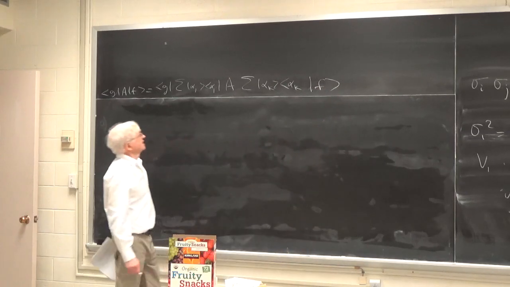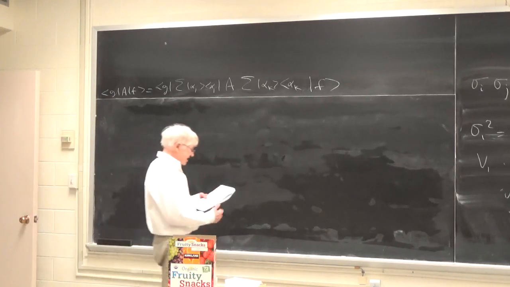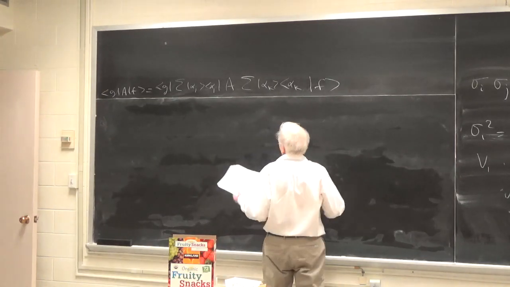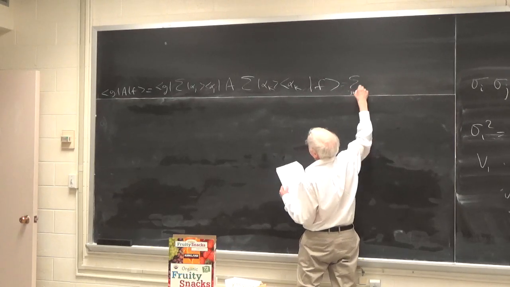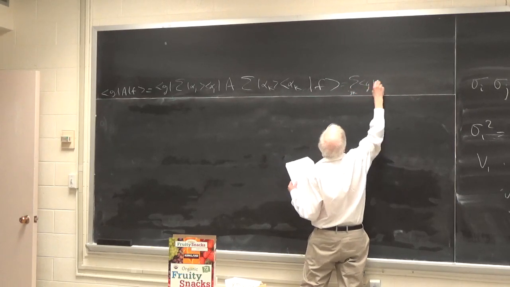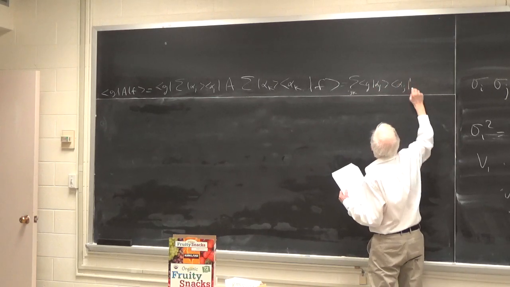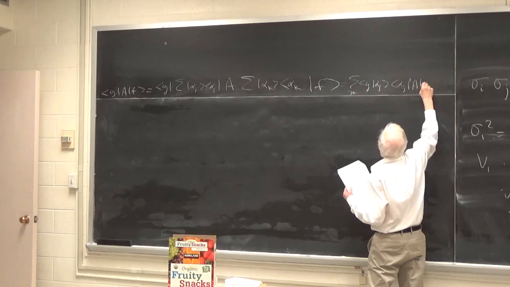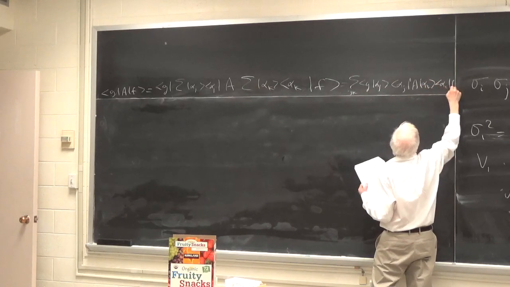So that's another way of expressing this, and then this would obviously be just the sum over j and k of G alpha j, A, alpha k, alpha k.